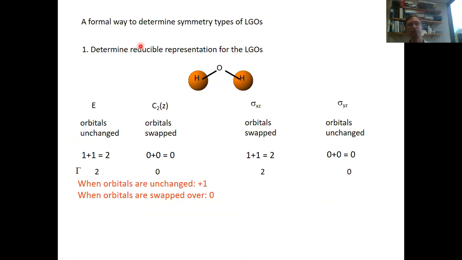A reducible representation is a sum of two or more irreducible representations. So a reducible representation has the sum of the characters of the irreducible representations.